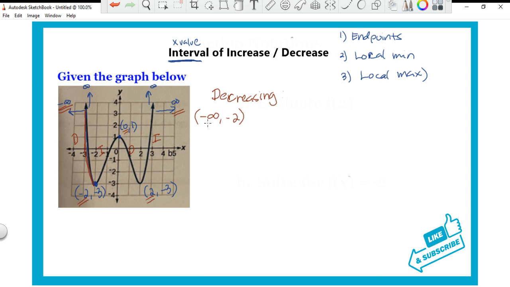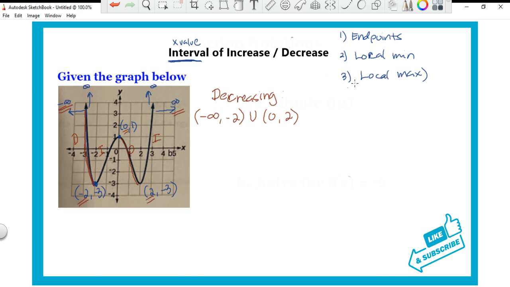That's your first interval of decrease, but there is another decreasing area, from here to here. What are the x's? That's from 0 to 2. Since you have two intervals, you can put a union sign in there. That is your decreasing part.